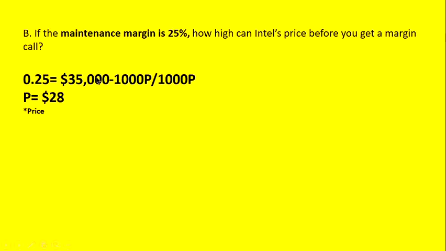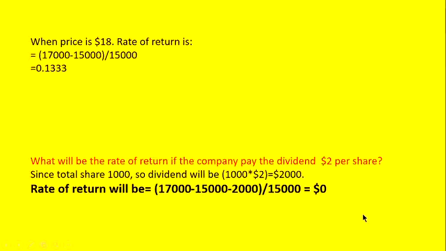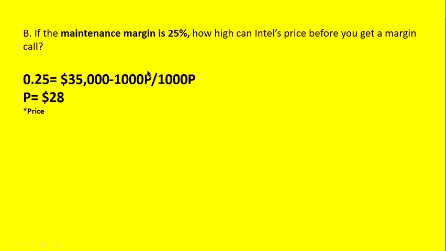The calculation is: 0.25 equals ($35,000 minus 1,000 times P) divided by (1,000 times P). I get this $35,000 from the total on the asset side and liability side. Here, 1,000 is the number of shares and P means price.